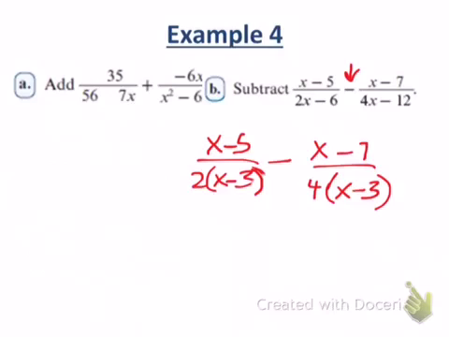Yeah, these two denominators are a little easier to make alike, aren't they? What do we need to do on the left to make these denominators the same? Multiply by 2, top and bottom. And that will give me a common denominator of 4 times x minus 3.